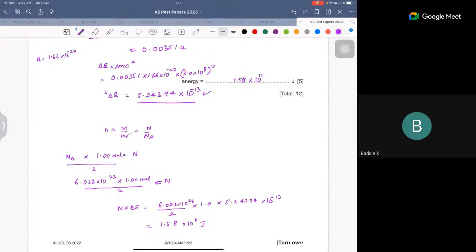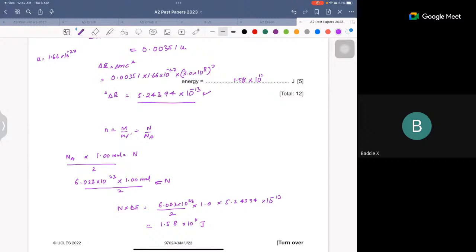Okay, like that. Sir, can you explain the working after delta E? Sir, the entire thing you did with Na times 1 over 2 equals N, that part. Yes, okay.